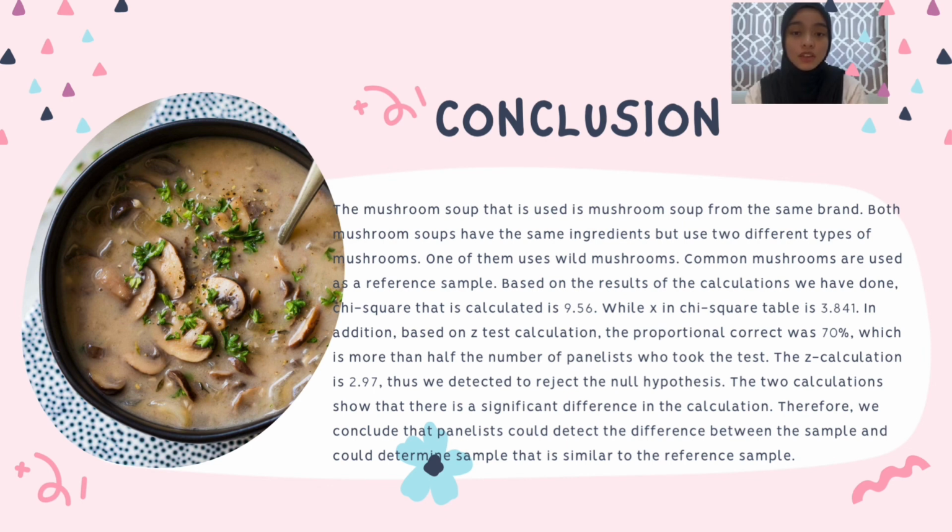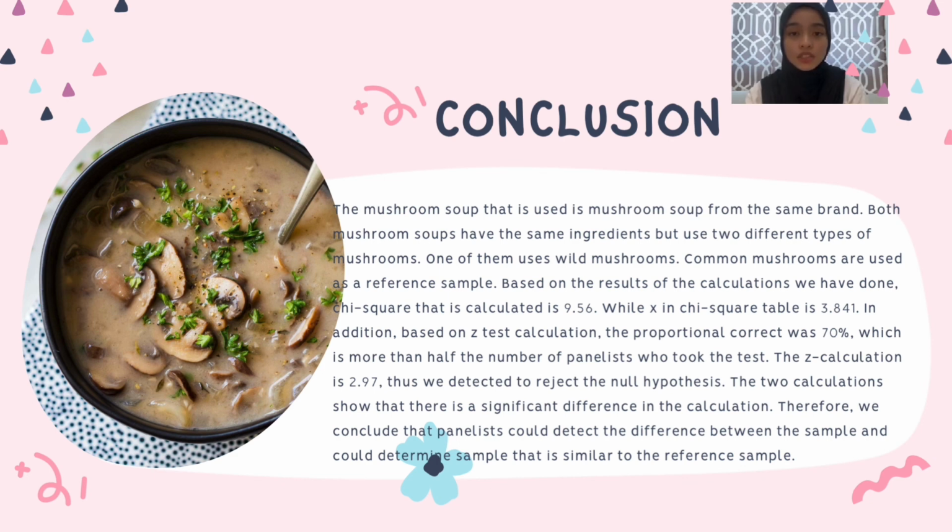Based on the calculation we have done, the calculated chi-square is 9.56, while the value in the chi-square table is 3.841. In addition, based on the Z-test calculation, the proportion correct is 70%, which is more than half the number of panelists that took the test.